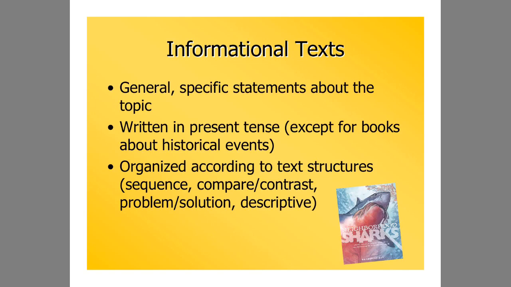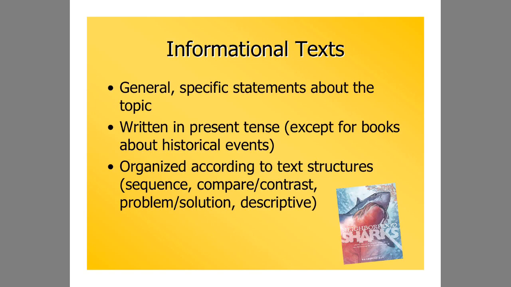In the compare and contrast text structure, the author compares and contrasts two different objects or two different events or two different people. Whereas in problem solution, the author writes about a problem and then describes the solution to that particular problem. And then we also have the descriptive text structure, where the author is simply describing an object or an event or a person.